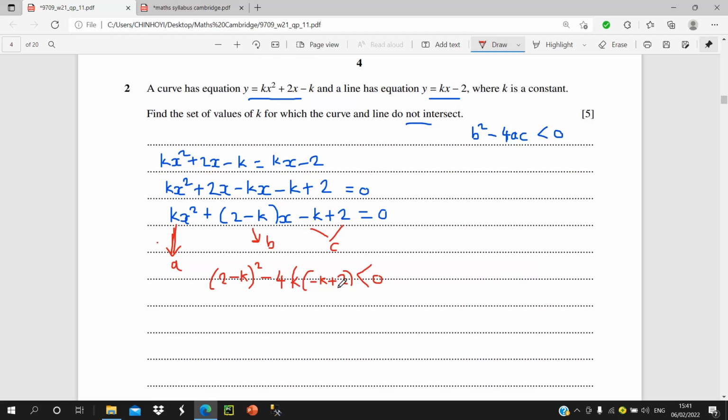If you have expanded well, you get 5k squared minus 12k plus 4.